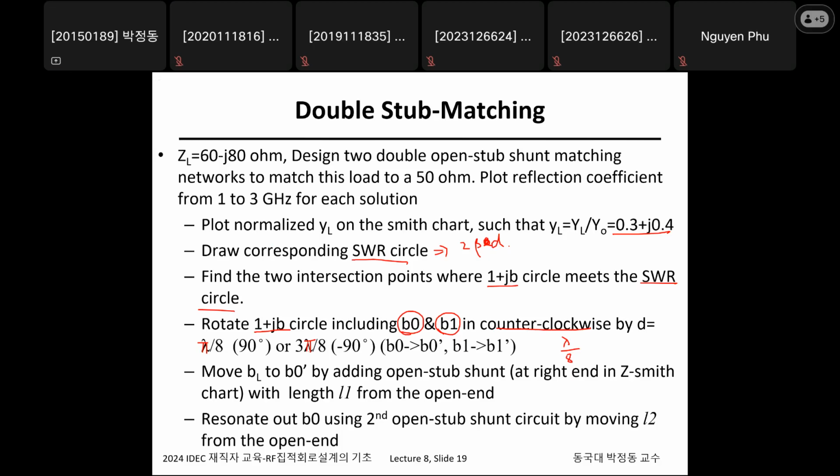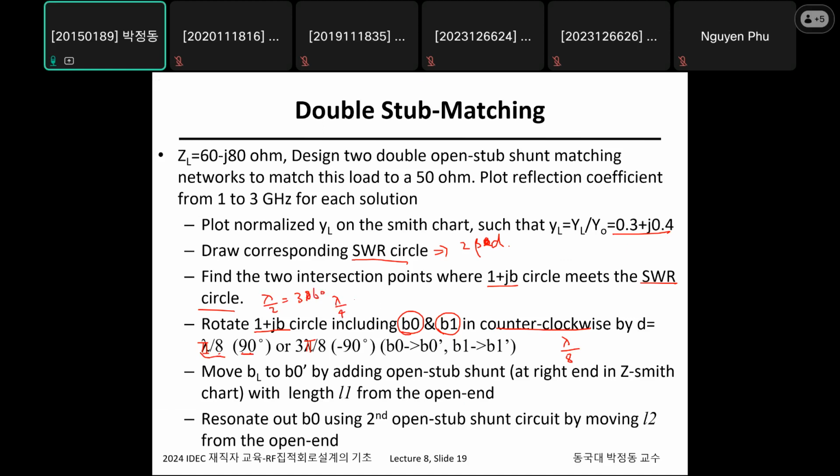Okay, pi over 8 is 90 degree. Pi over 8 is 90 degree. This is same. Lambda over 2 is 360.